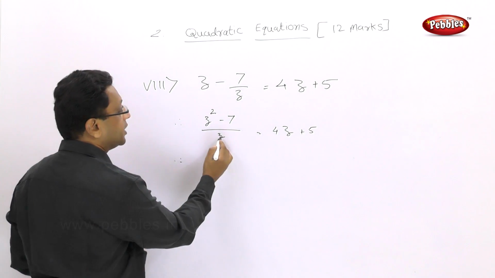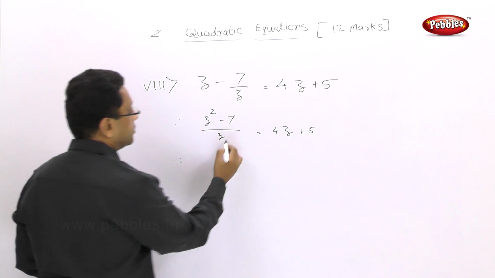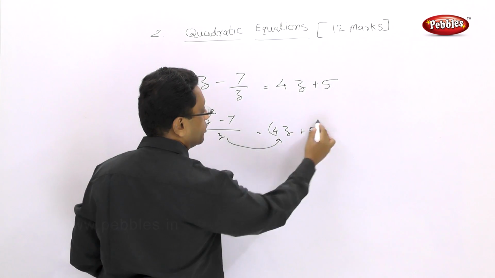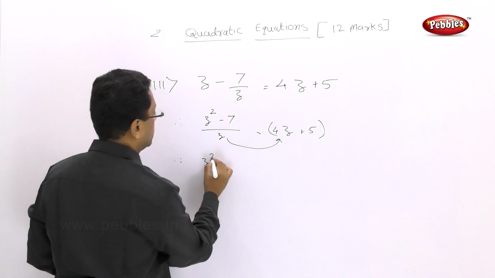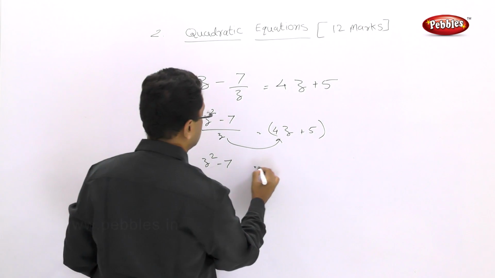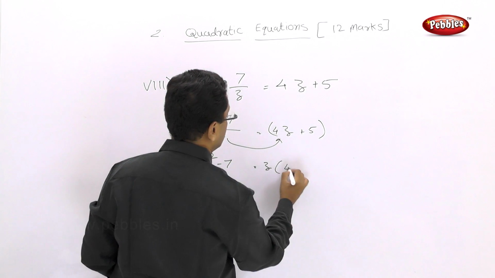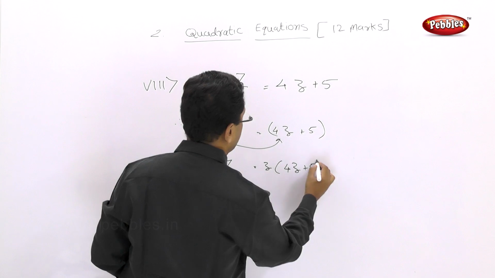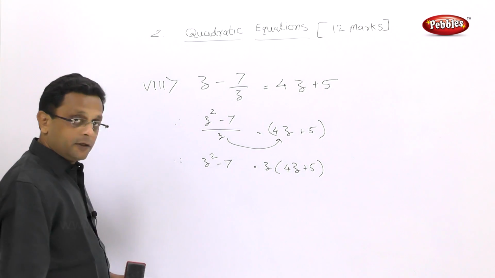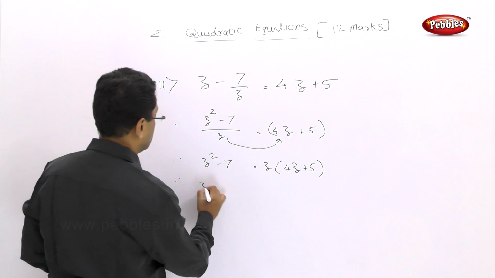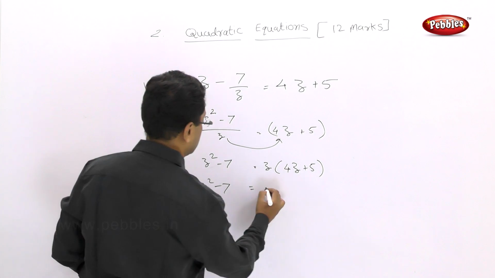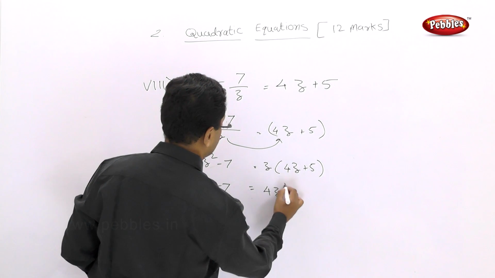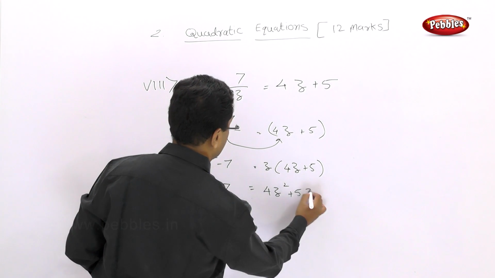So if this z goes here, what will happen? Multiply. So z square minus 7 is equal to z into 4z plus 5. So this is z square minus 7 equal to 4z square plus 5z.